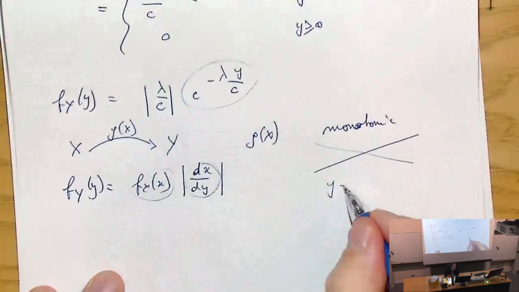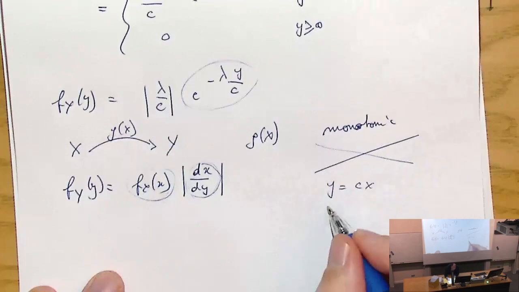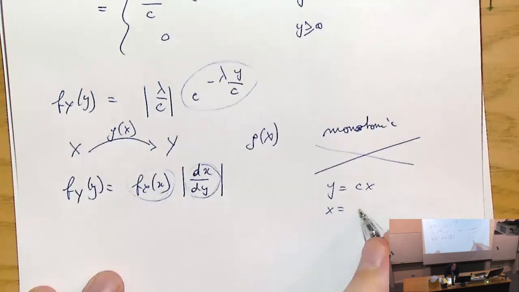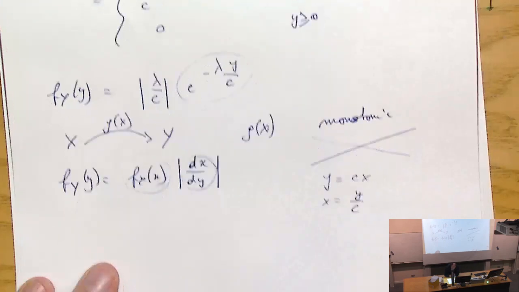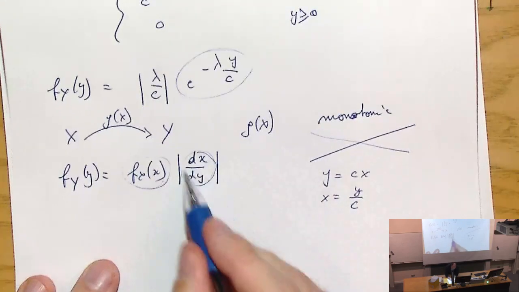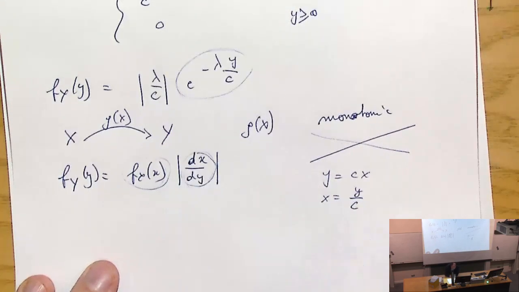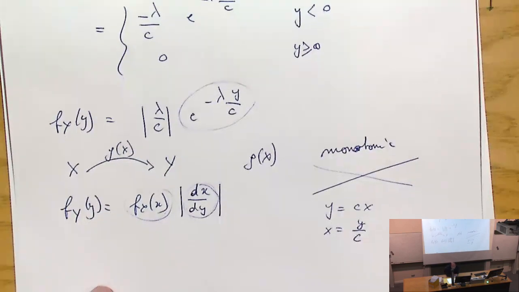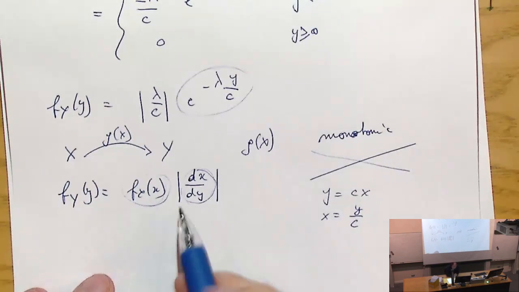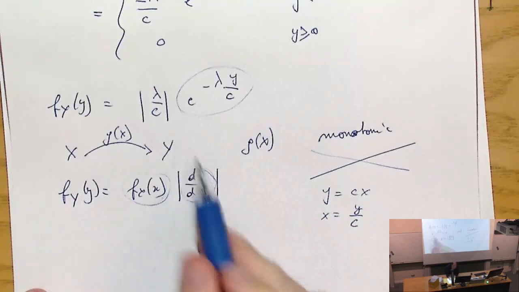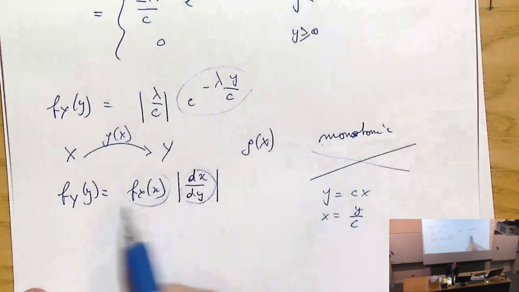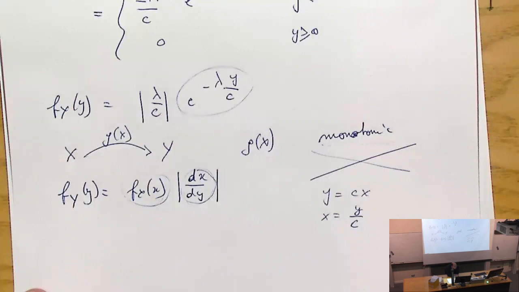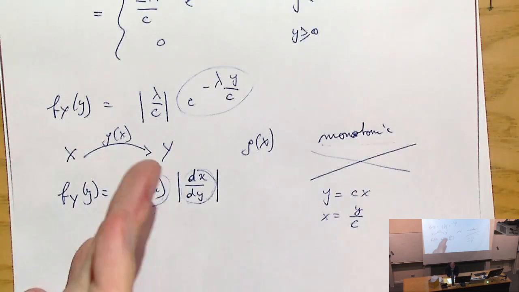We had y is equal to cx, right? So x is equal to y over c. And so what you do here is you take the derivative of x with respect to y, and that's why you get this 1 over c that comes in. Okay, so this is an expression that you can use if you have a monotonic function. I find it usually easier to do the development I just did earlier.